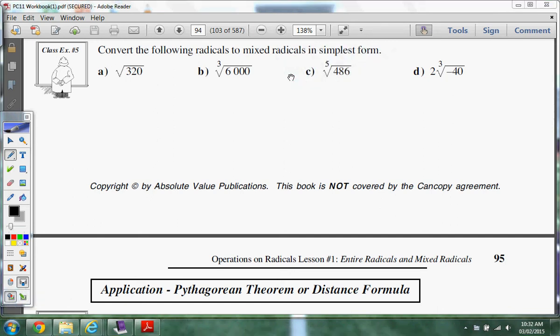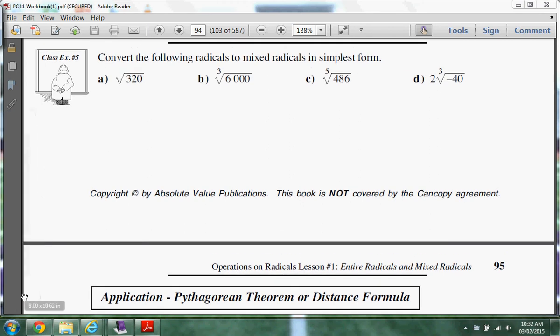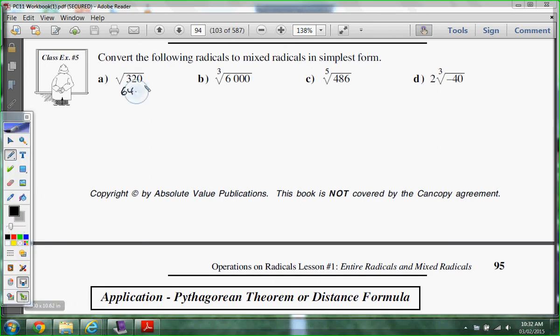All right, so Jordan, what did you break the 320 down to? I got 64. Good. Yeah, 64 times 5. And what's your root 64 simplified to? 8 and root 5. Good. So 8 root 5.